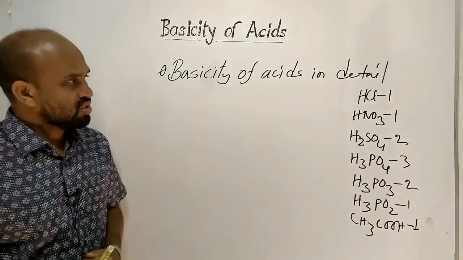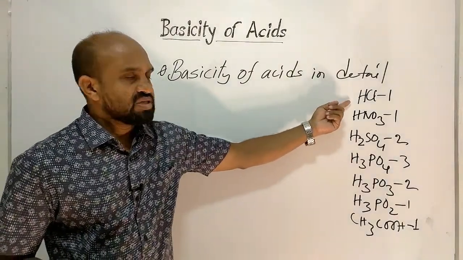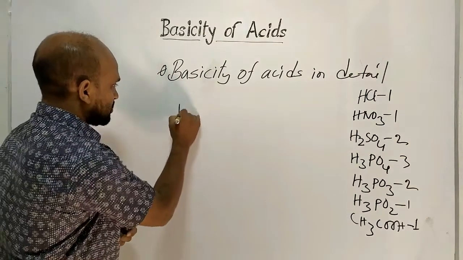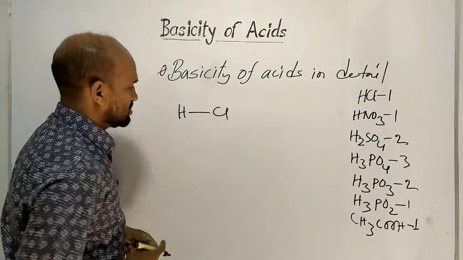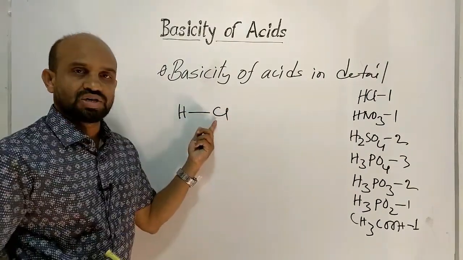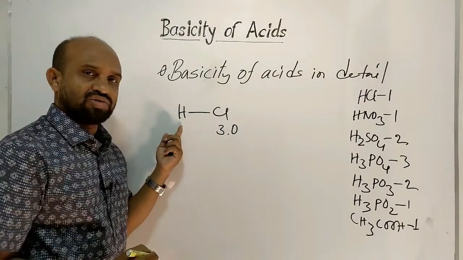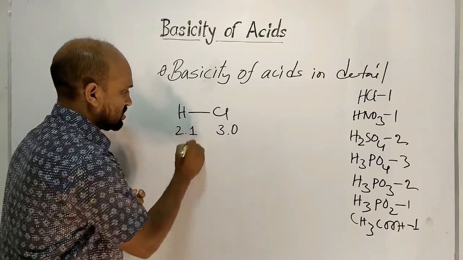Now let's see why the basicity of hydrochloric acid is 1. This is the structure formula of hydrochloric acid. Here electronegativity of chlorine is 3.0 and hydrogen is 2.1.